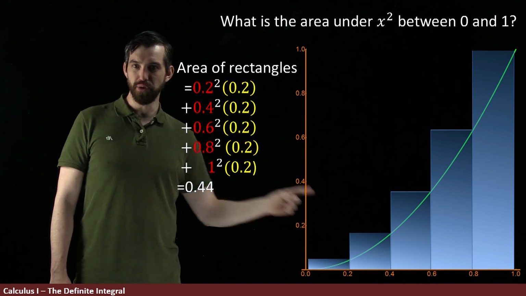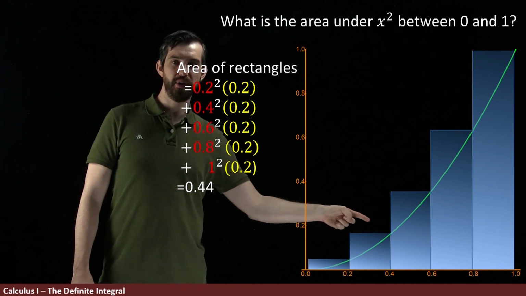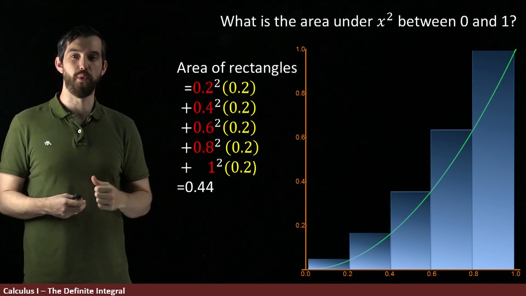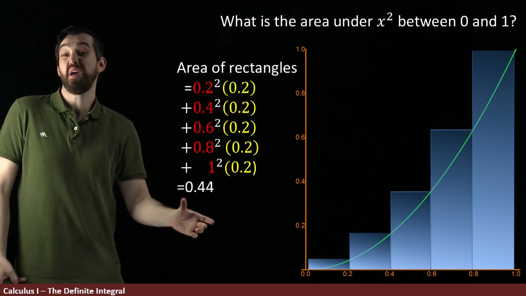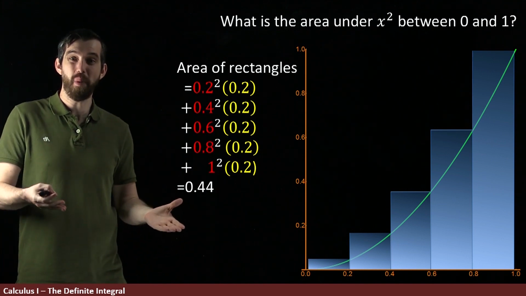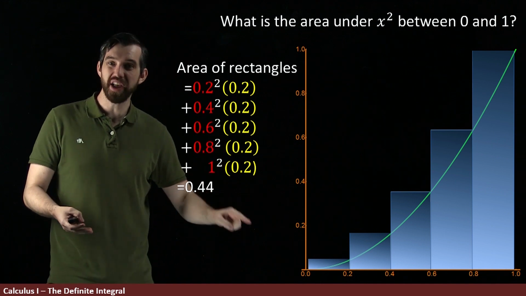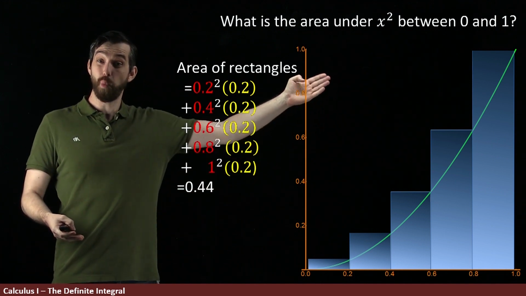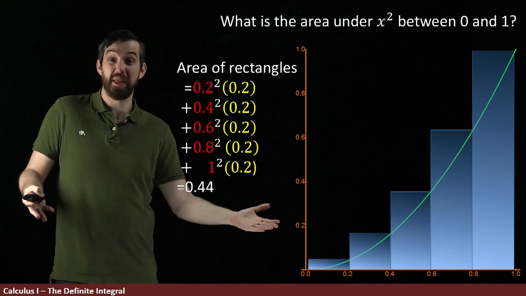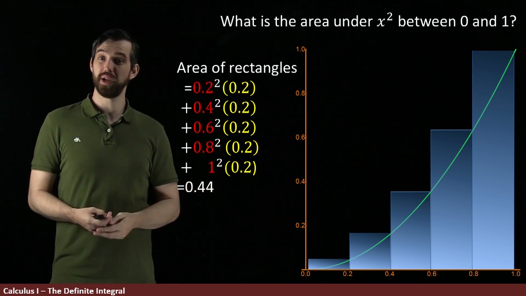Where I'm using 0.2, it goes to 0.2 squared. Here is 0.4, and because it's x squared, it goes to 0.4 squared, and so on. And then I can add all those up, and apparently it's about 0.44. This doesn't seem terrible, by the way. If you imagine the triangle that went from 0 to 1, 1, that point there, that triangle would have area a half, and this looks like a little bit less than that triangle, so it seems kind of reasonable.